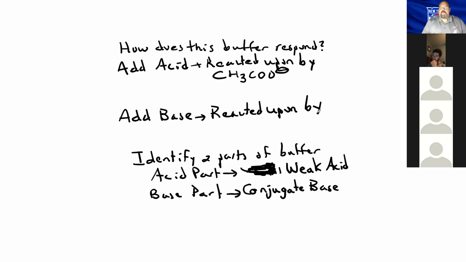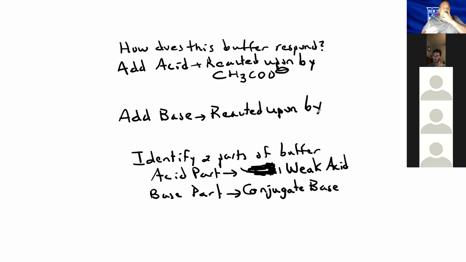Now, a common mistake that students make is that they say the acid part of the buffer is the H plus. No. And think about it. Why can't it be the H plus? Because if you change the amount of H plus, what else is also going to change? The pH. And what's the function of a buffer?